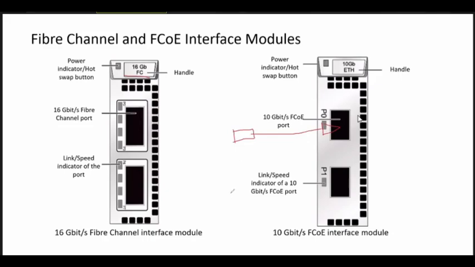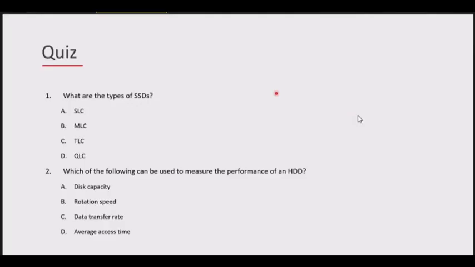If you have the 10 gigabyte Ethernet module, you can still plug it in here. So the 10 gigabyte Ethernet module is used for both FCOE and normal 10 gigabyte Ethernet. Generally, a lot of people don't use FCOE anymore, so it's mainly used for Ethernet in that sense. But the interface modules are there.